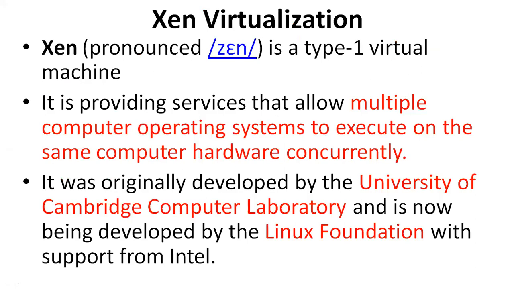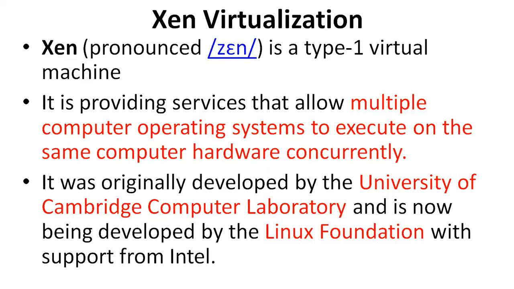Xen, you pronounce it as Zen, is a type 1 virtual machine. Here, hypervisors are of two types, type 1 and type 2. It is a type 1 virtual machine. It always provides services. What are the services here?